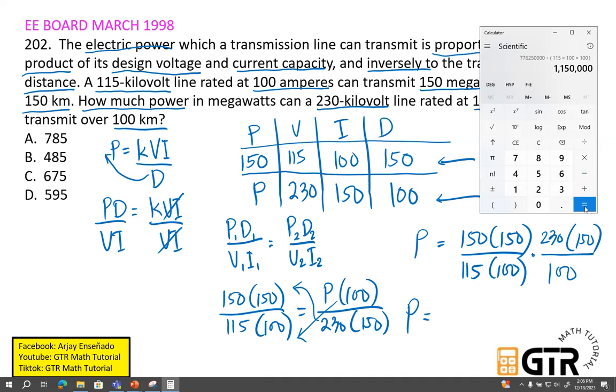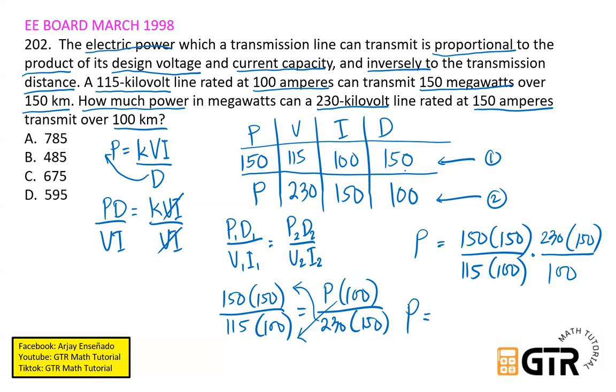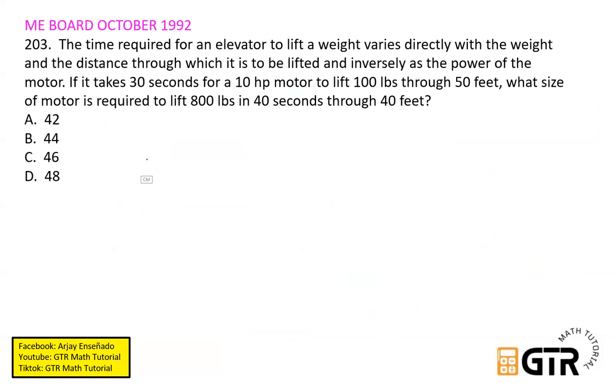Then press na lang natin yung equal sign para ma-divide yung dalawa. So the answer is 675, which is letter C. Okay, so the correct answer is 675, letter C.